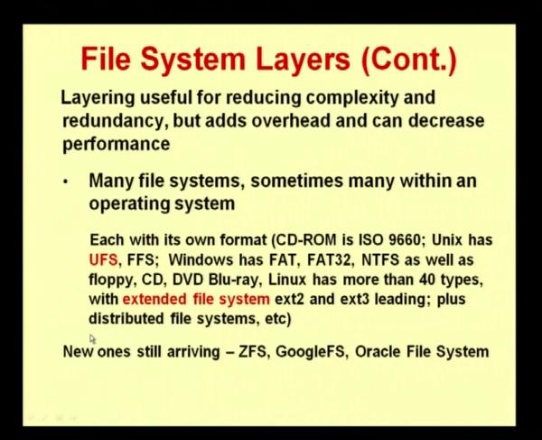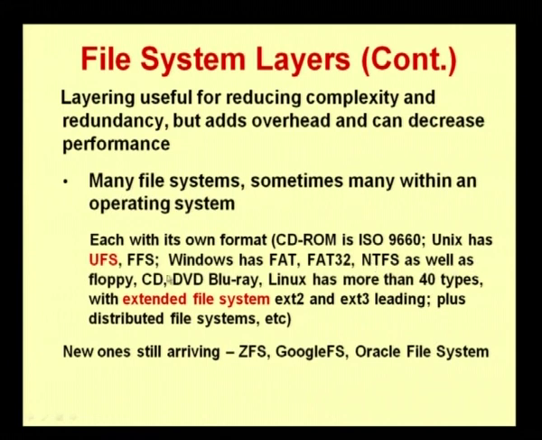Then in this file system, we have different file systems such as UFS and FFS in the case of Unix, and in the case of Windows, we have the FAT32 file system, file allocation table of 32, and NTFS, new technology file system.